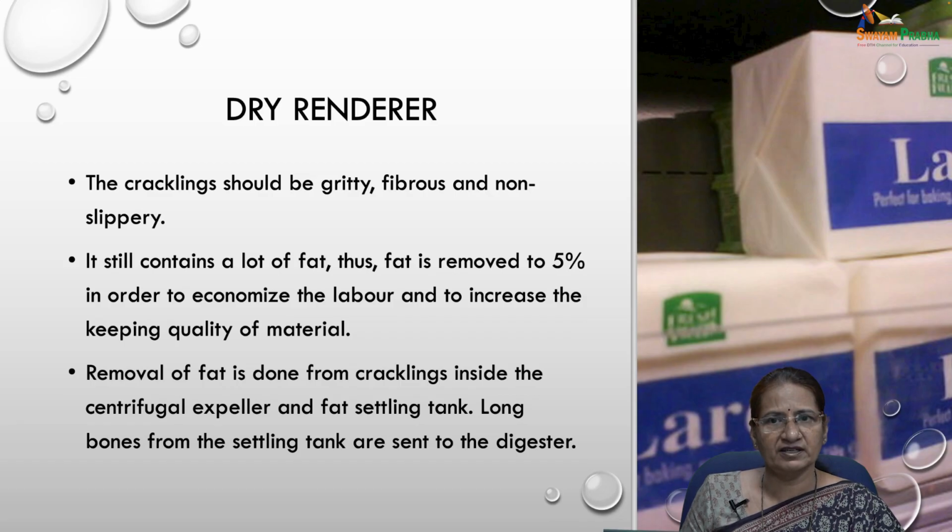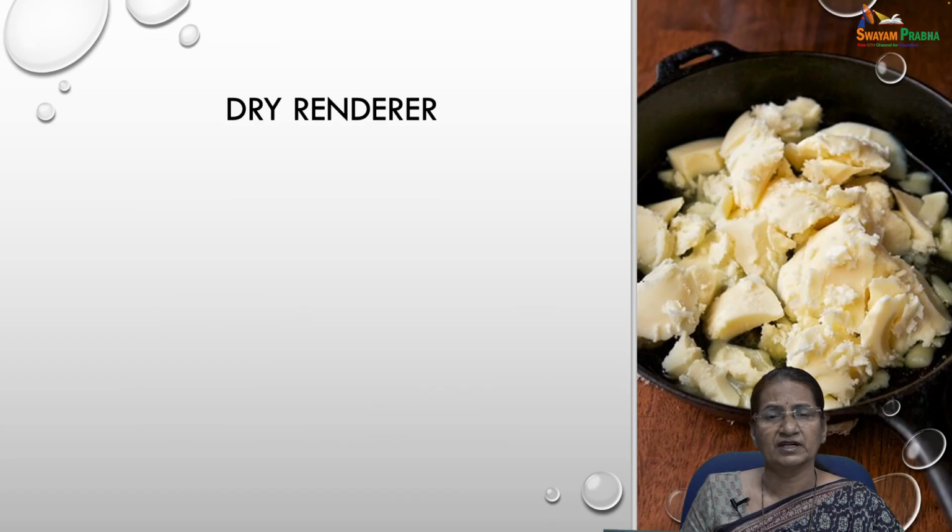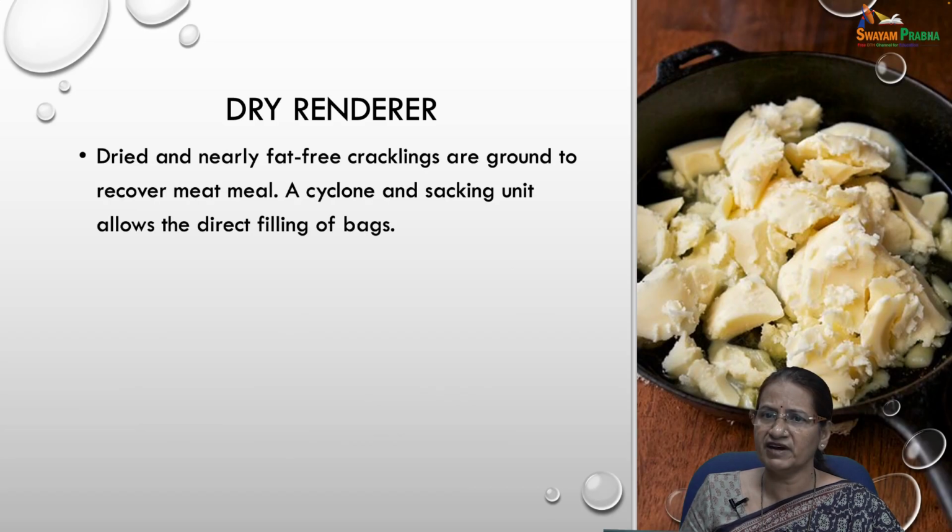Removal of fat is done from cracklings inside the centrifugal expeller and fat settling tank. Long bones from the settling tank are sent to the digester. Dried and nearly fat-free cracklings are ground to recover meat meal. A cyclone and sacking unit allows the direct filling of bags.